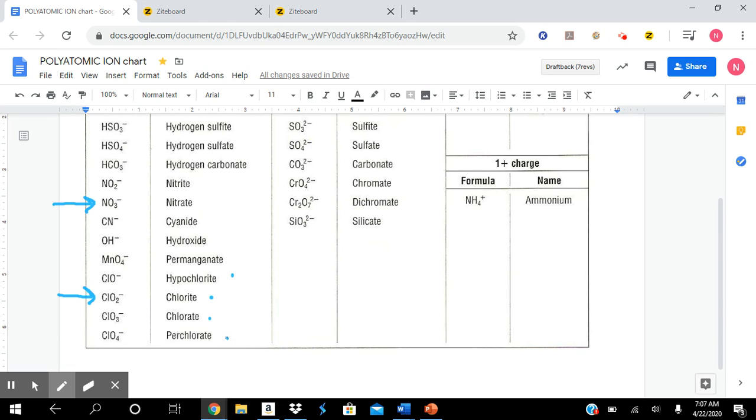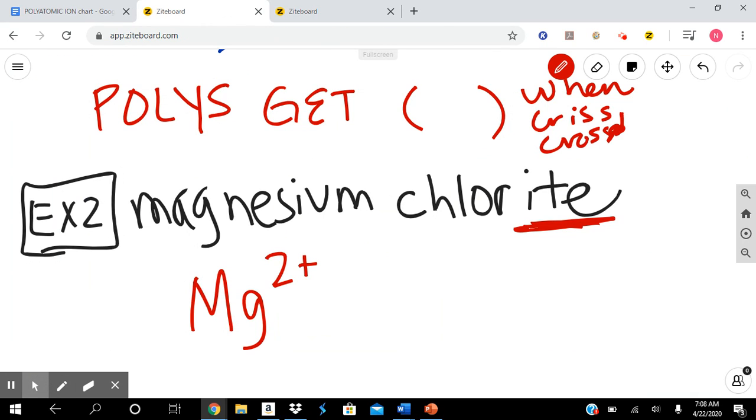There's also chloride. So this is chlorite, ClO2, 1 minus. Okay, so I have ClO2, 1 minus.